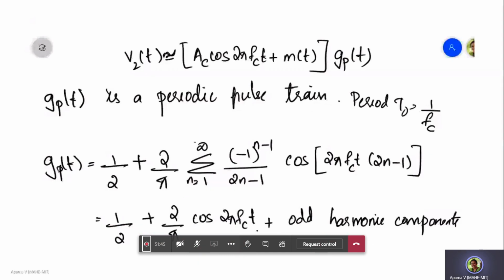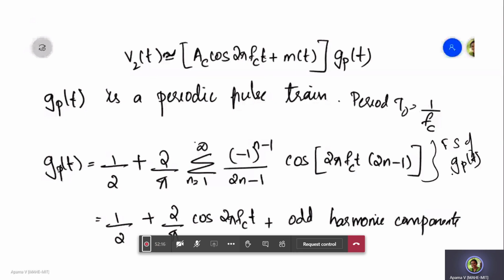So g(t) being a square wave in that form, we take its Fourier expansion. It's a periodic pulse train. We get the Fourier expansion of g(t), and the expansion gives 1/2 plus further terms. You can find this expression mathematically. This is the Fourier series expansion for g(t), the square wave that was shown in the earlier slide.